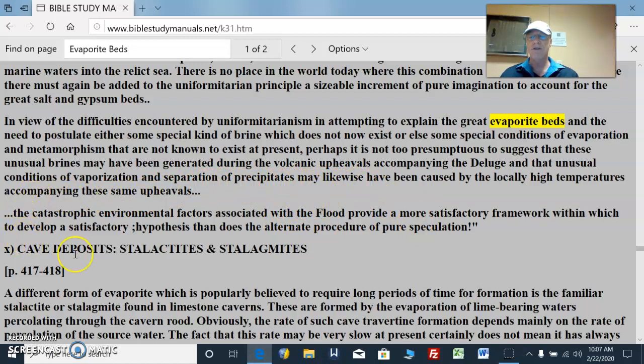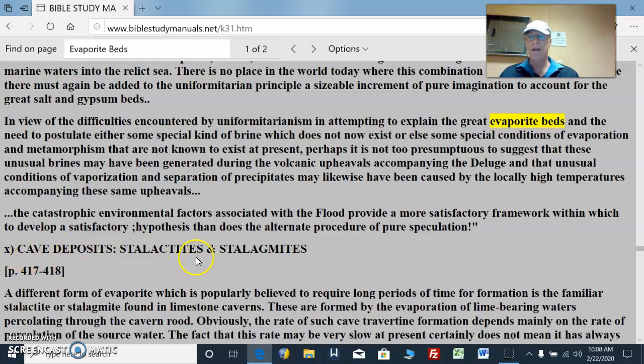The catastrophic environmental factors associated with the flood provide a more satisfactory framework within which to develop a satisfactory hypothesis than does the alternate procedure of pure speculation.